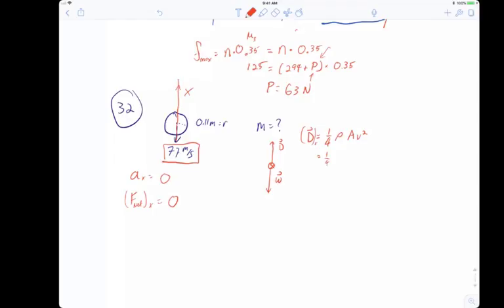Rho is the density of air, which is given here somewhere. All right, 1.22 kilogram per meter cubed. The area is going to be pi r squared, pi times 0.11 meters squared, and the velocity is 77 meters per second all squared.